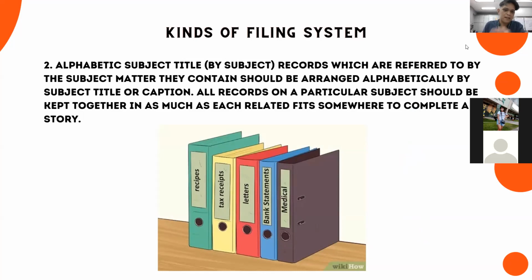For example: recipes, tax receipts, letters, bank statements, and medical. So each is placed in a specific file. Once you are connected with the recipes, all you have to do is pick that file and you will see different recipes. For tax receipts, when you are looking for the receipts that need to be taxed, all you have to do is pull the tax receipt subject. That's how you file documents based on alphabetic subject title.